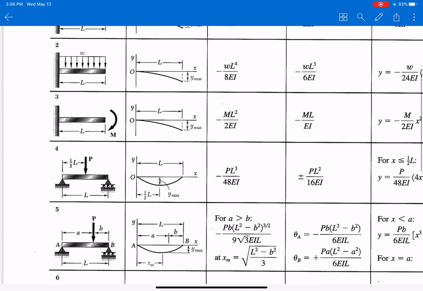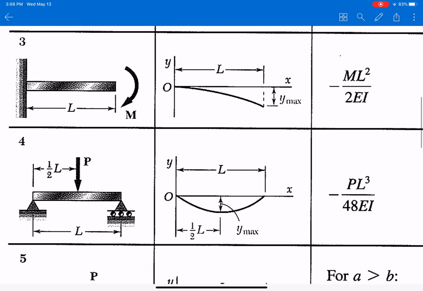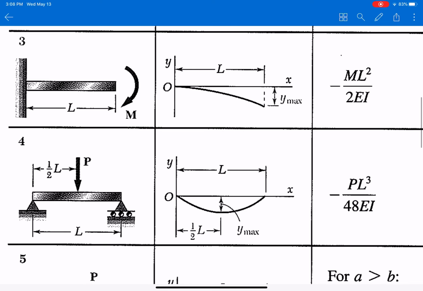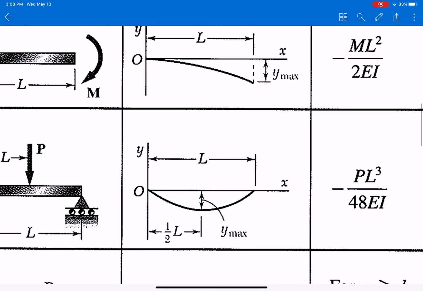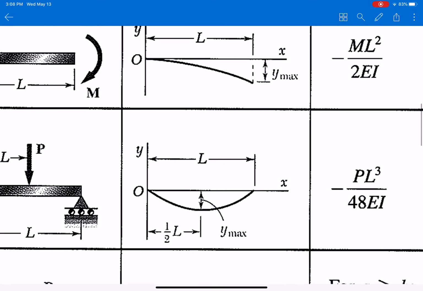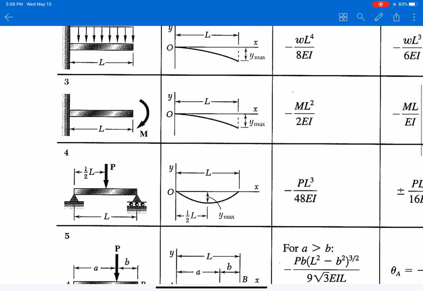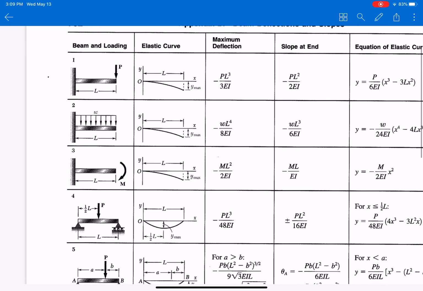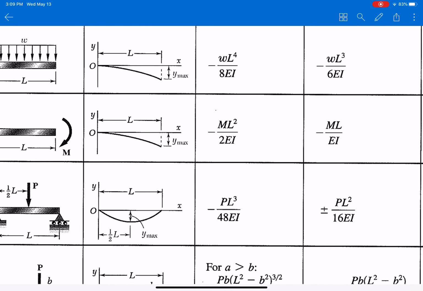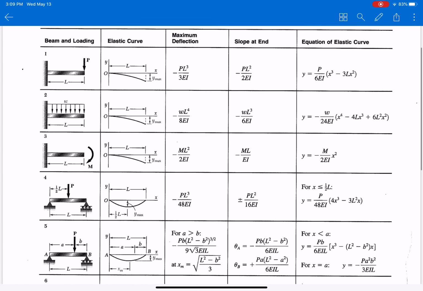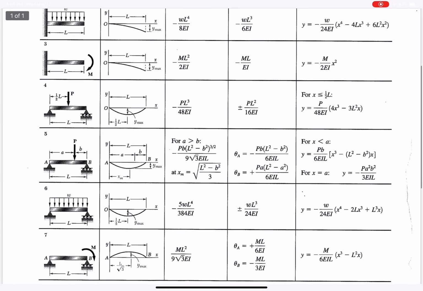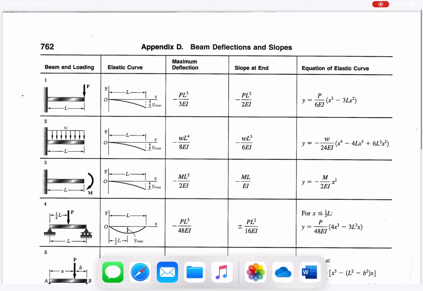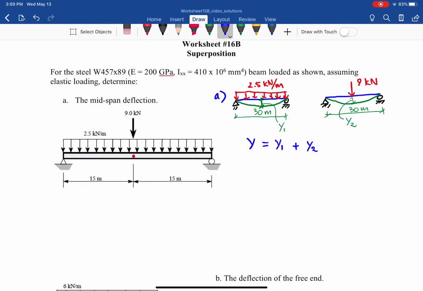The other is the 9 kilonewton, that is figure 4, and the maximum is also at the midspan, which is the point of interest, because the question asks for the deflection at the midspan. The maximum deflection is equal to -PL^3 over 48 EI. So add these two in the third column, and we get the answer for figure 4 and figure 6. Everyone see that? Yes? Okay, so let's go back here.